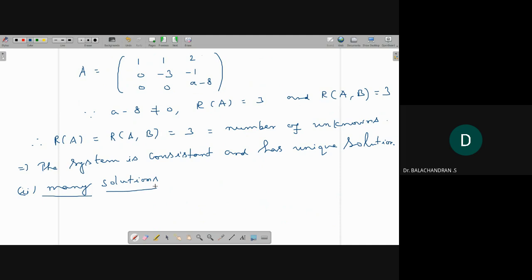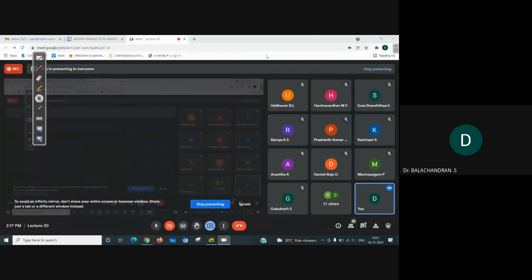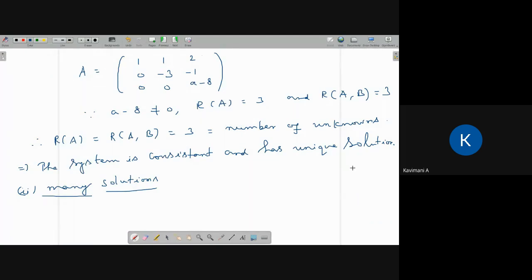So now, what is the condition for many solutions? The rank of A equals the rank of A comma B, which is less than n. Here n is 3.